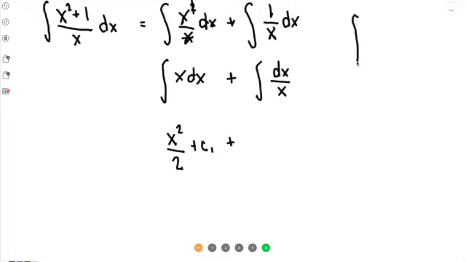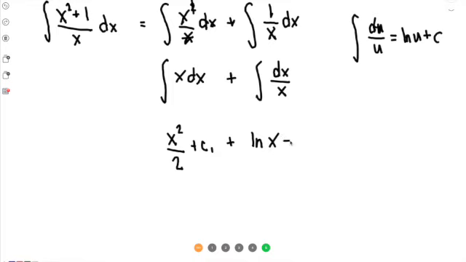That is what theorem again? That's theorem number 6. It says that this is equal to ln u plus c. So the answer should be ln x plus c sub 2.